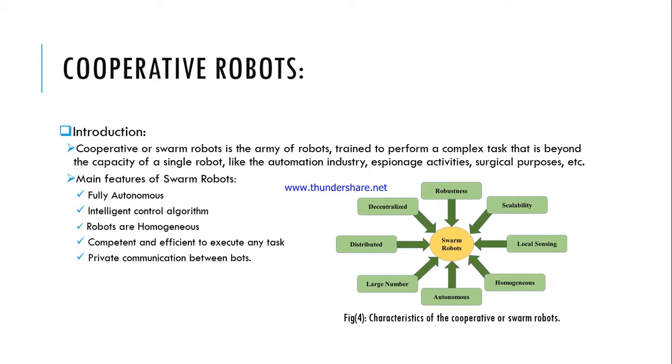In our third section, we will discuss cooperative robots, or swarm robots, what their main features are, what their security lapses and failures are, and how we can use blockchain to tackle those problems.